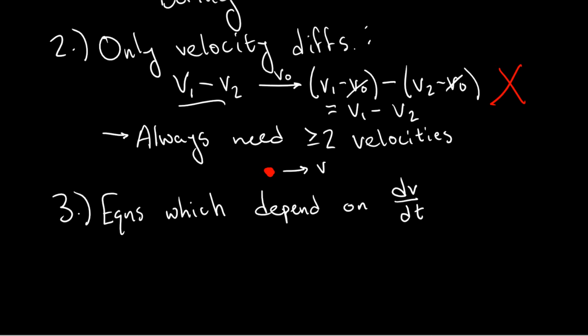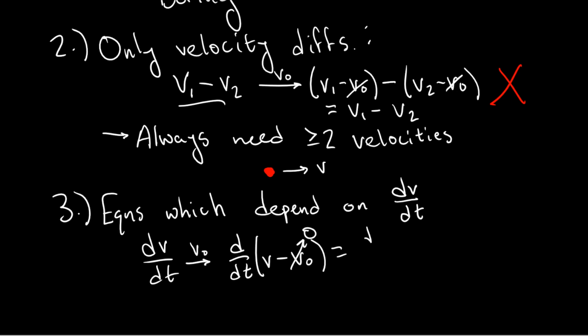So in this case, if I have dv dt and I shift by some constant velocity, then I'll get something like d by dt of v, where this velocity could be a function of time, shifted by some constant velocity. The derivative of a constant is always going to give me 0, and I'm back right where I started.